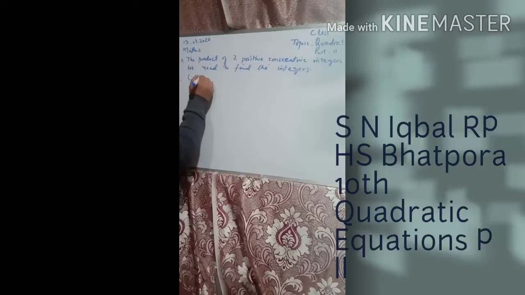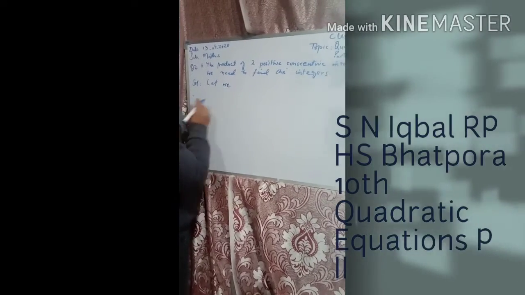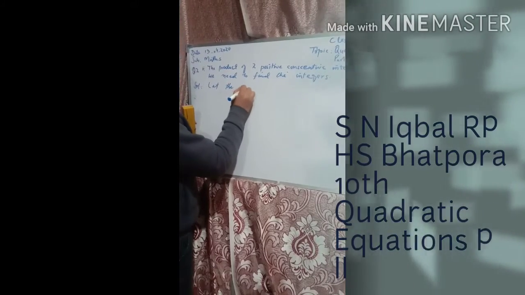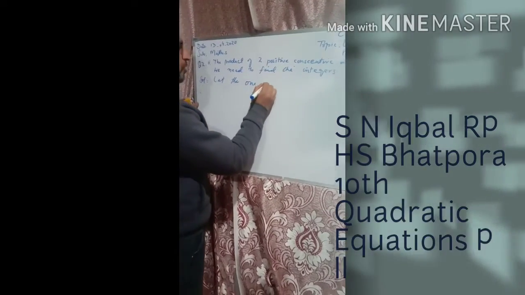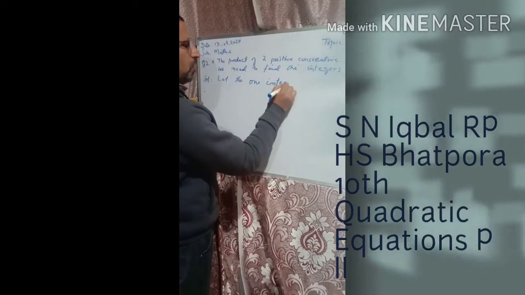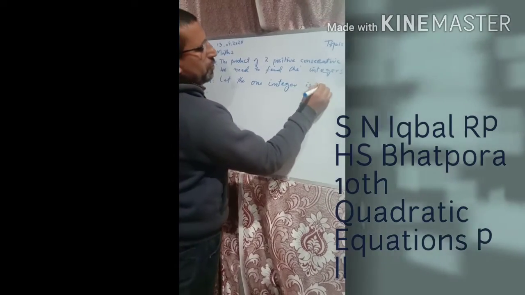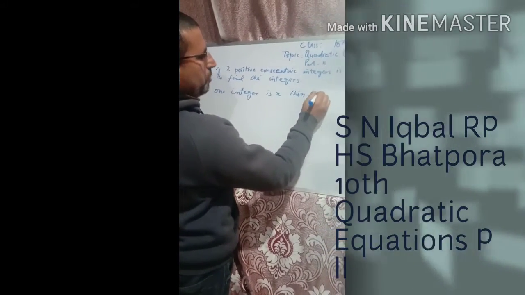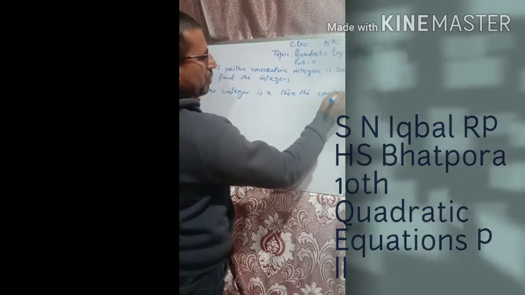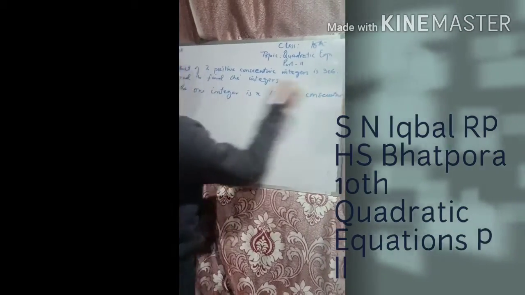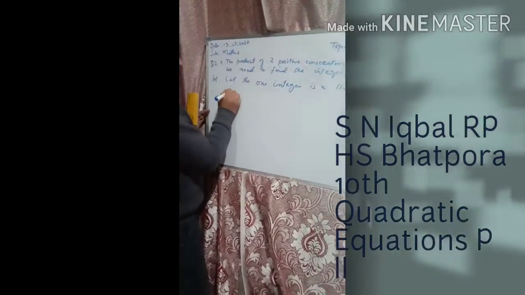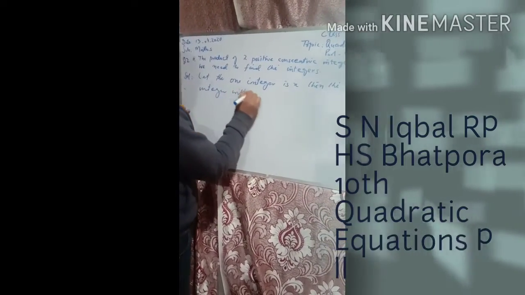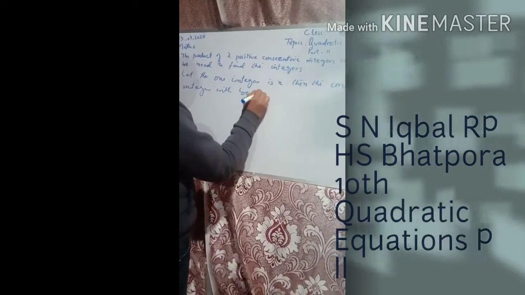Let us assume the first integer is x, then the consecutive integer will be x plus 1.